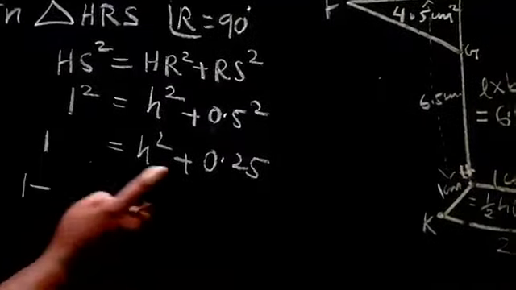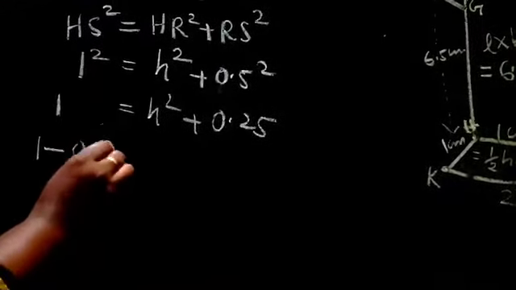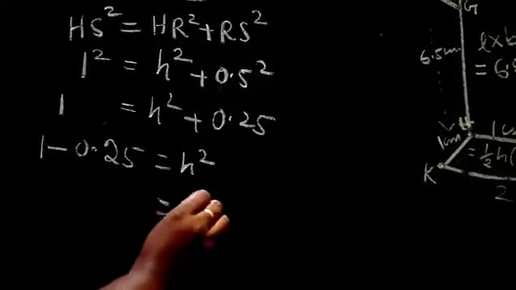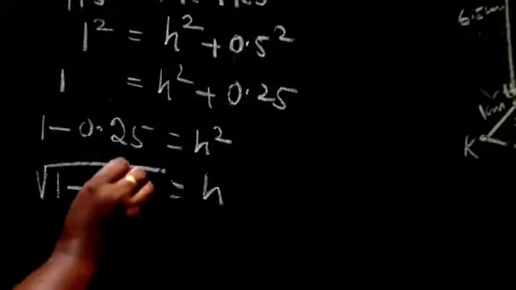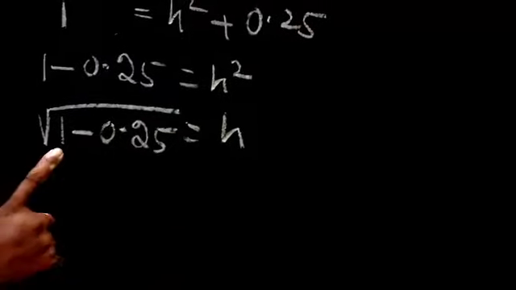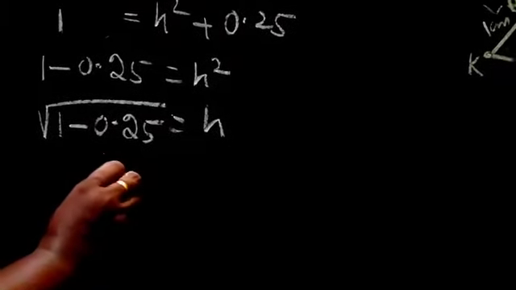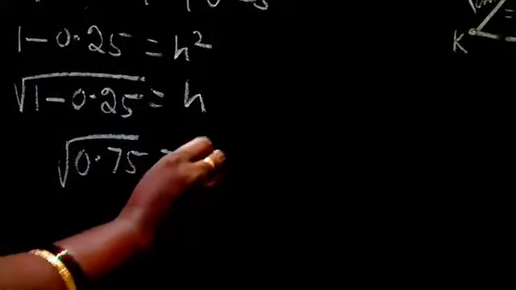So 1 minus 0.25 equals H square. We need only the H value. So square root of 1 minus 0.25. From 1, if you minus 0.25, we'll get remaining 0.75, equal to the H value.